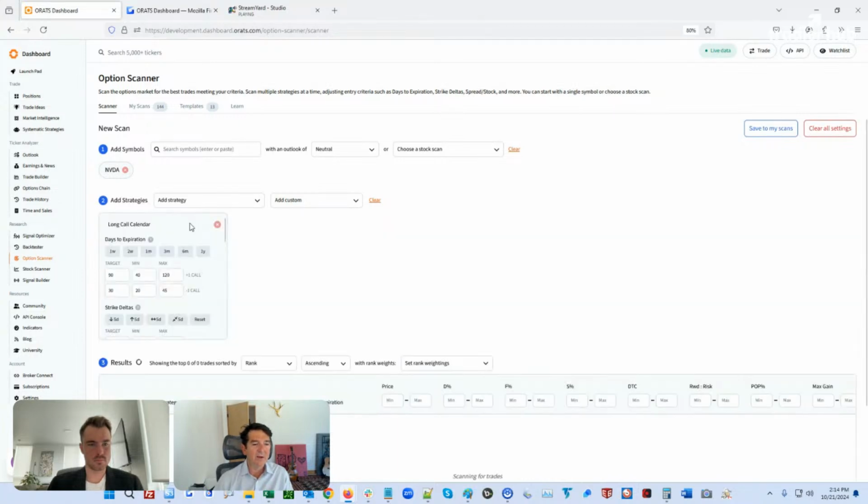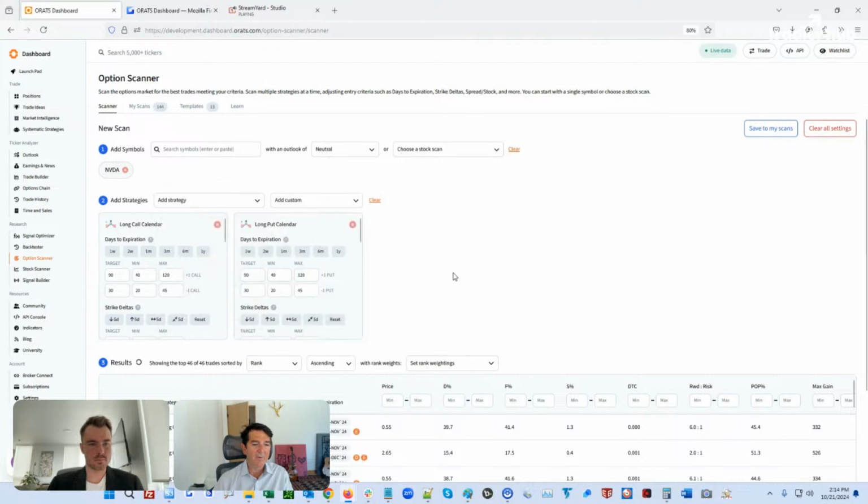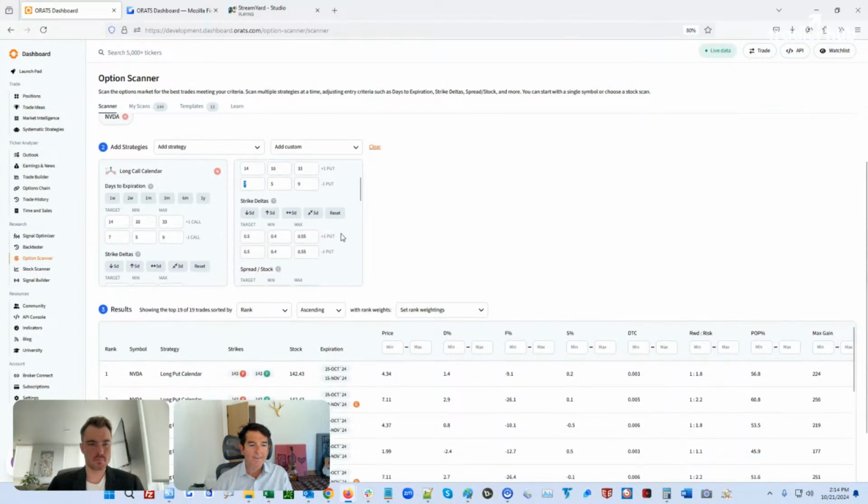wonder, what are better, the call calendars or the put calendar? So we could look these up. When I say better, from a theoretical standpoint, maybe we'll go a little bit shorter term, maybe even 1 week, and do this a little bit farther out. And let's go out of the money.